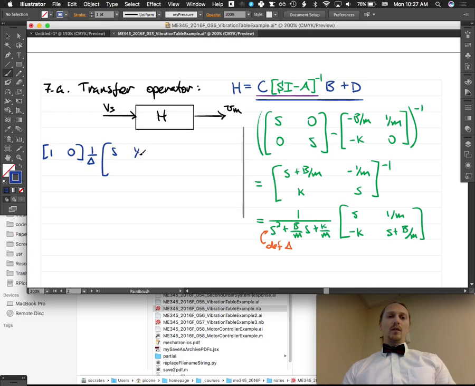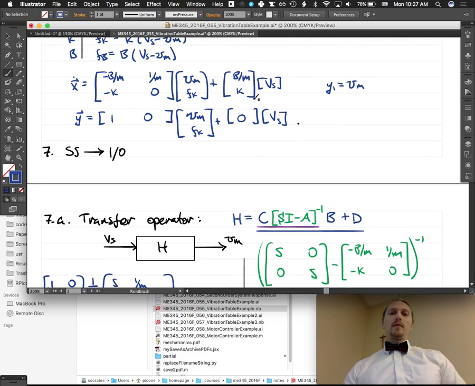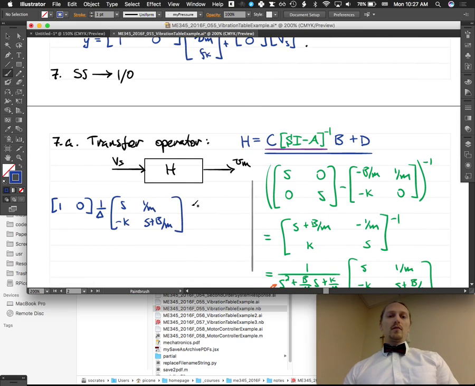S, 1 over M, negative K, S plus B over M, times B, which, come back up here, is this vector here, well, 2 by 1 matrix, B over M and K. And we're going to add to that D, which is just 0, right?